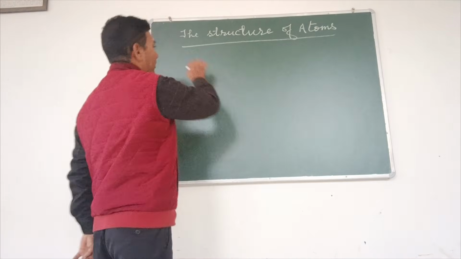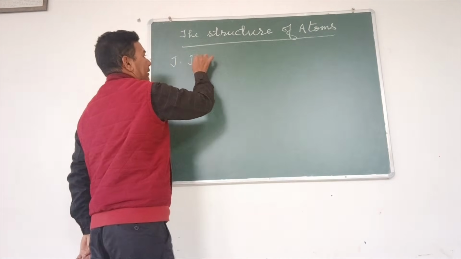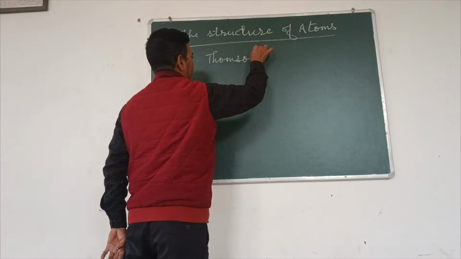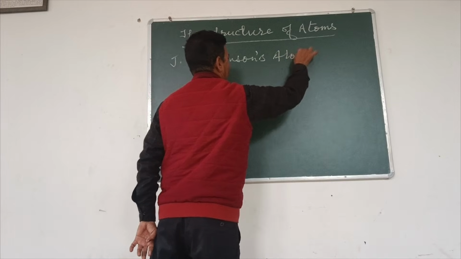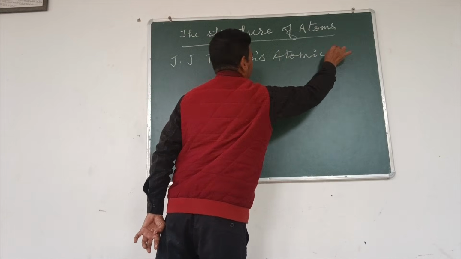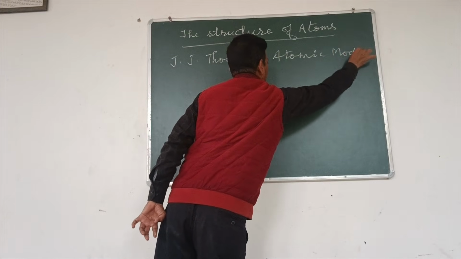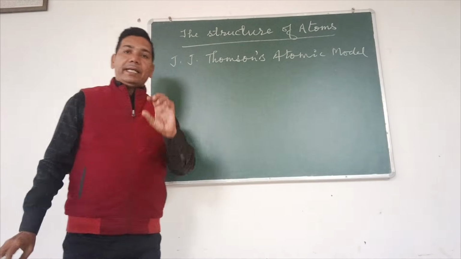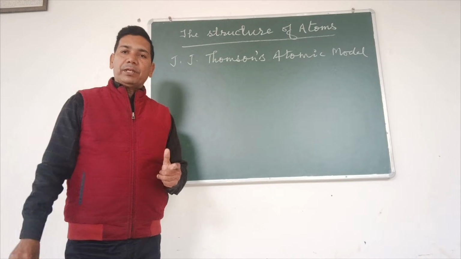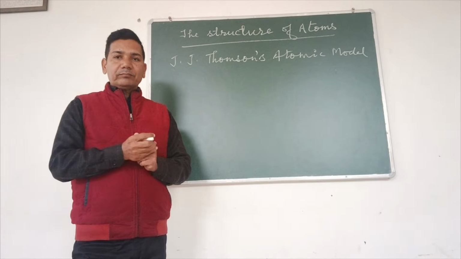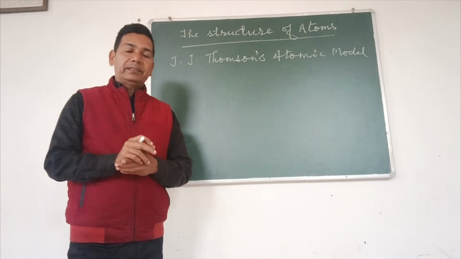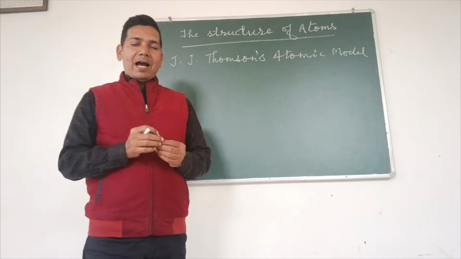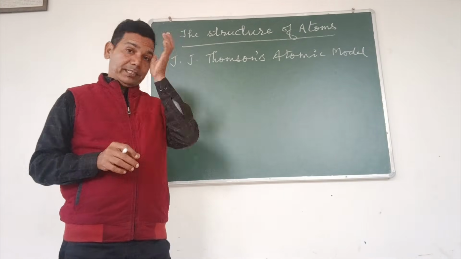According to J. J. Thomson's atomic model, an atom is supposed to be compared to a watermelon, as the pulp of a watermelon is red and black seeds are embedded in it.